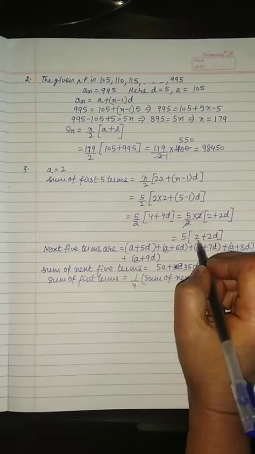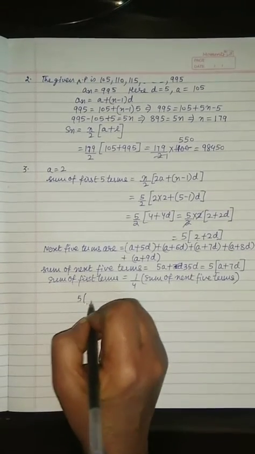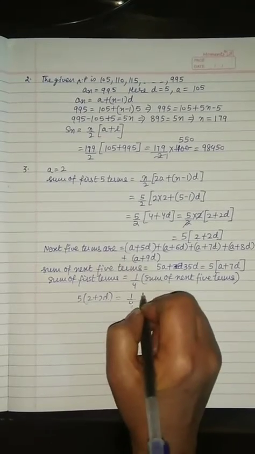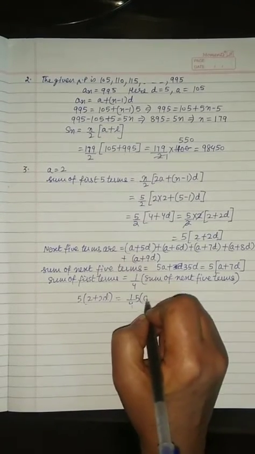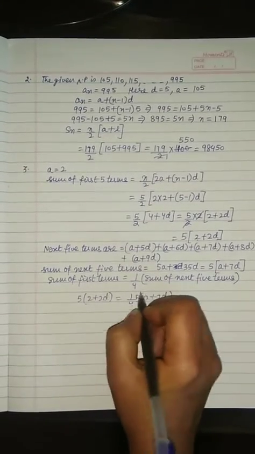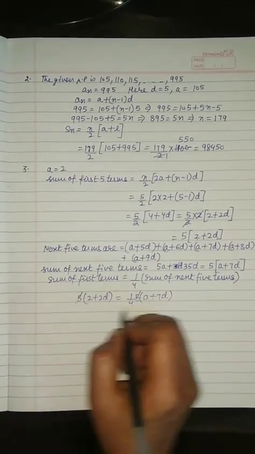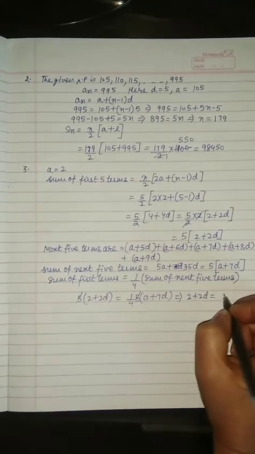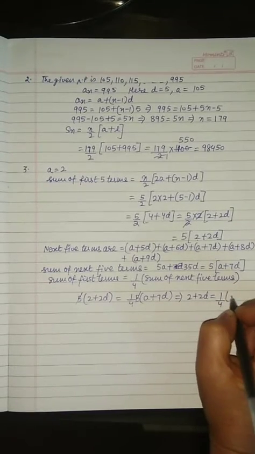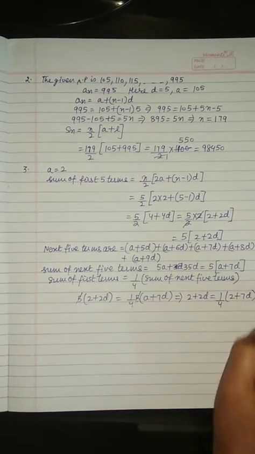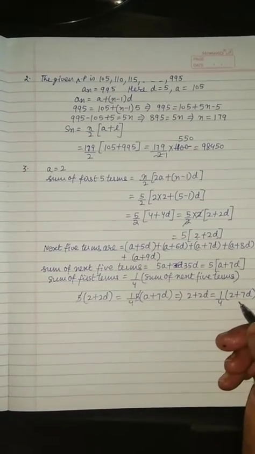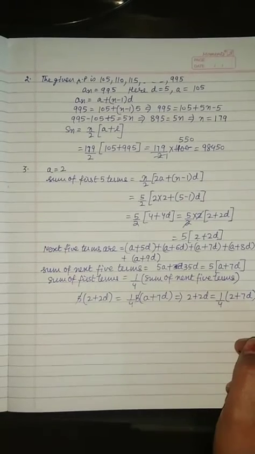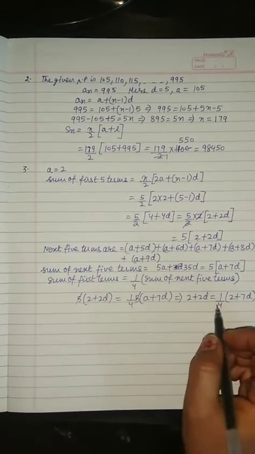The sum of the first 5 terms we already got, 5 into 2 plus 2d, is equal to 1 by 4 times 5 into a plus 7d. 5 and 5 will cancel from both sides. Now we will put the value of a here. So it will be 2 plus 2d is equal to 1 by 4, 2 plus 7d. Now a is eliminated, so only d is left in these terms on both sides. So we can easily find the value of d.